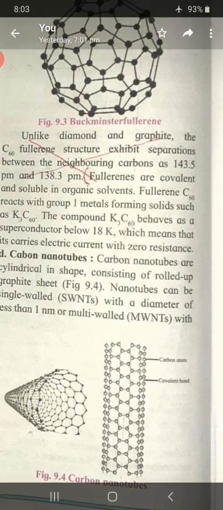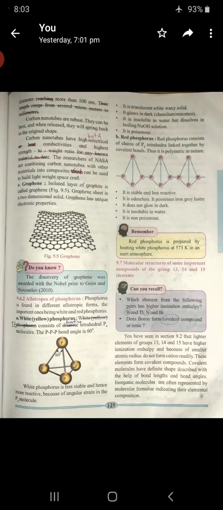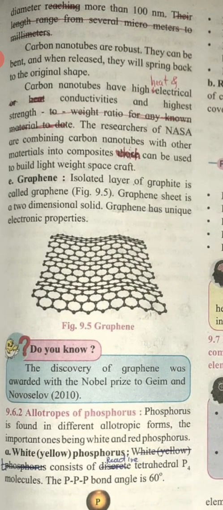Carbon nanotubes have high electrical and heat conductivities and the highest strength-to-weight ratio of any known material to date.